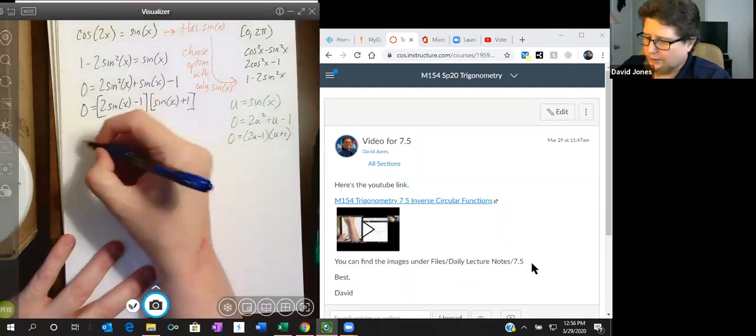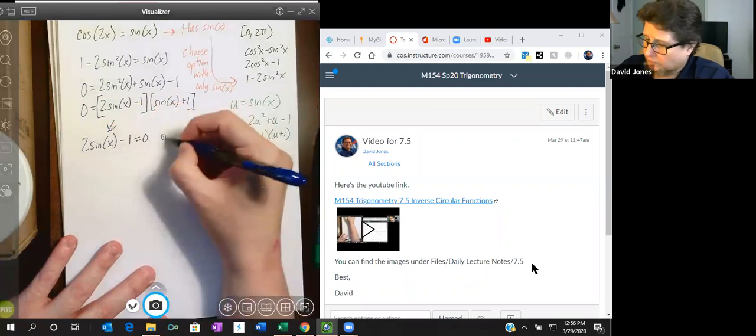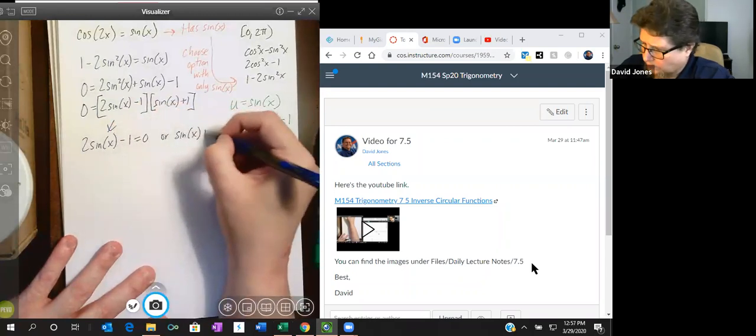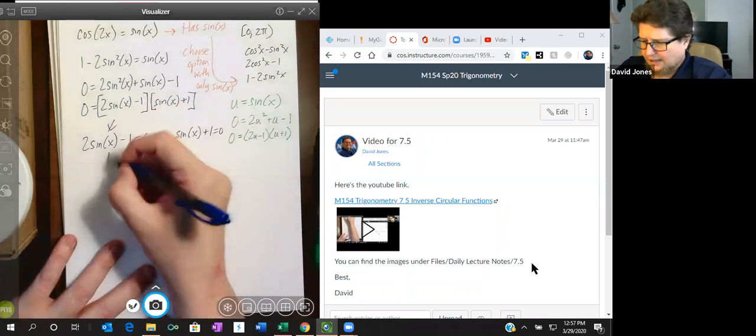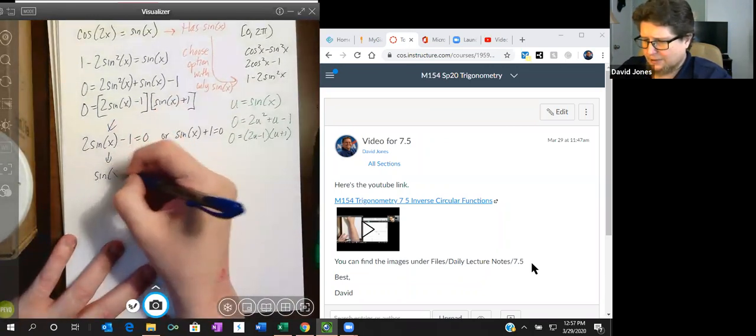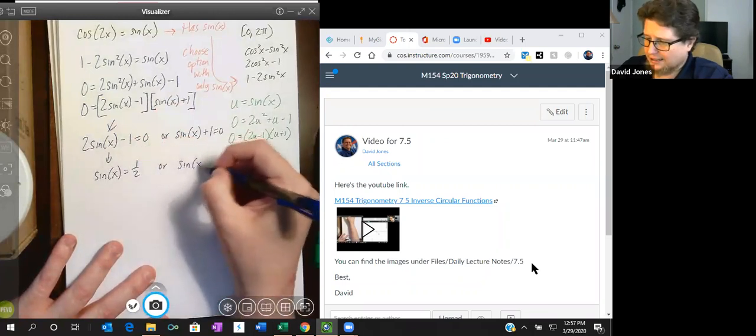We set each one equal to 0. If I solve here, I get sine x equals 1/2. And if I solve here, I get sine x equals negative 1.